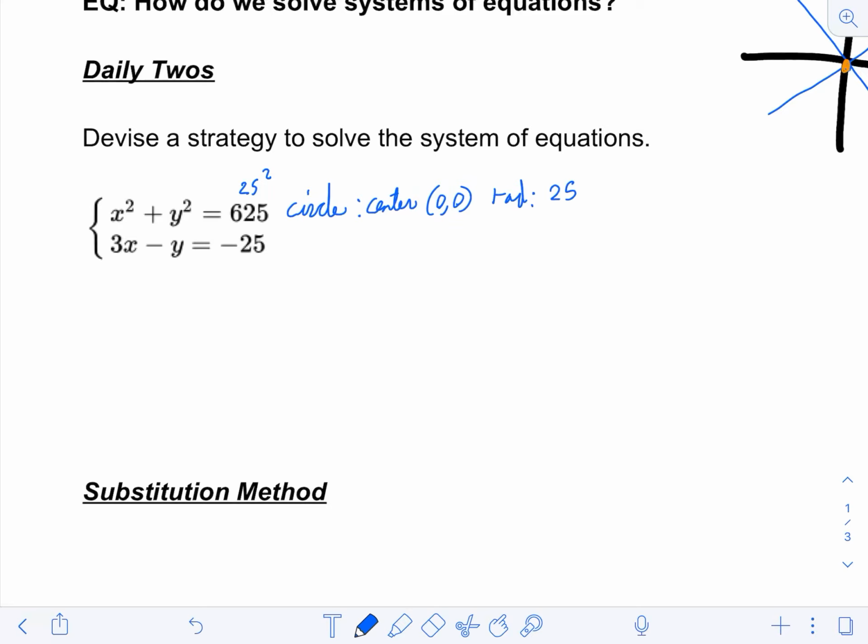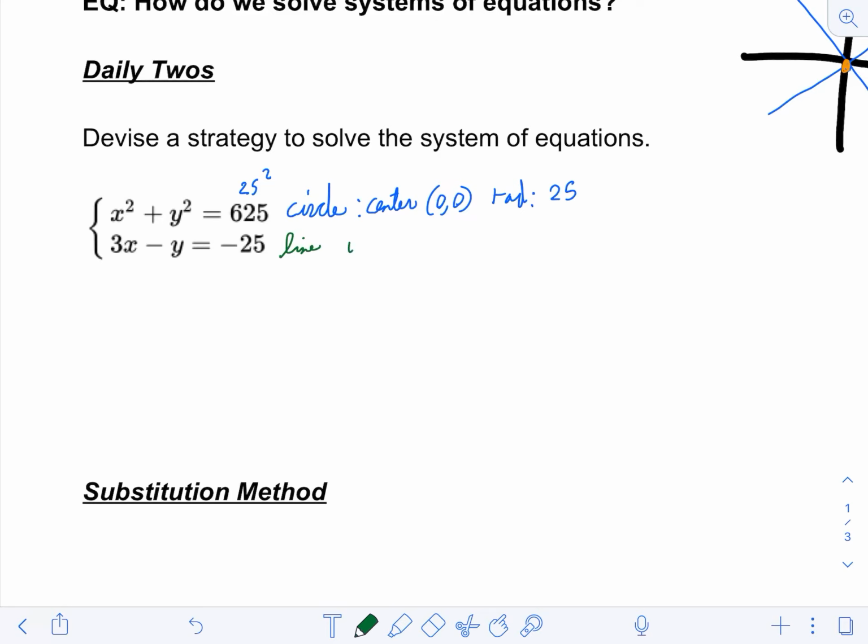The second one, you notice there's no powers or anything. This is just a regular basic line. It's got a slope, it's got a point. Now, if you do a little work on this equation, we shift over the x, multiply by -1, so we can make that y.